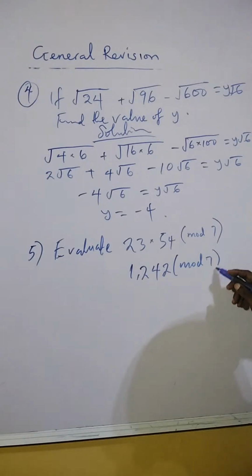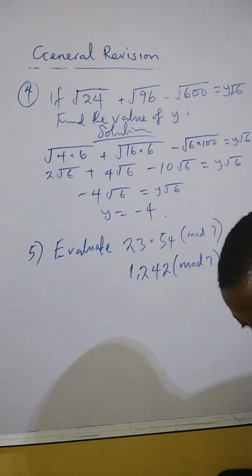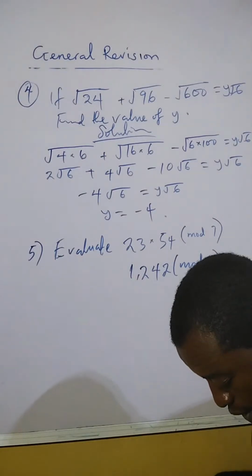So we divide this. How many 7s will go there? It will remain something, so that will be something remainder something. We continue to divide by 7 until we have a remainder. The remainder here is what we have as the answer.